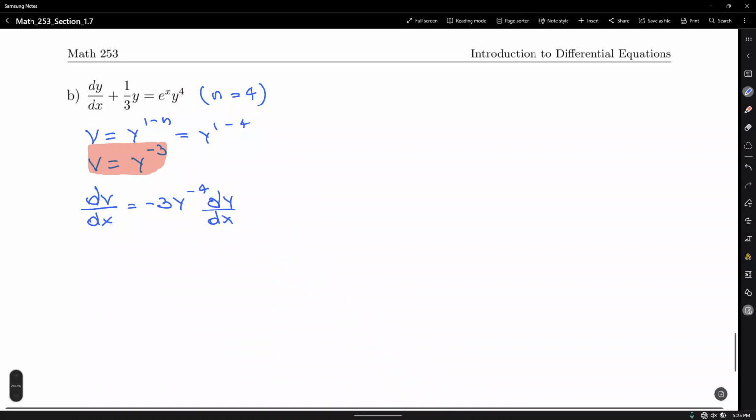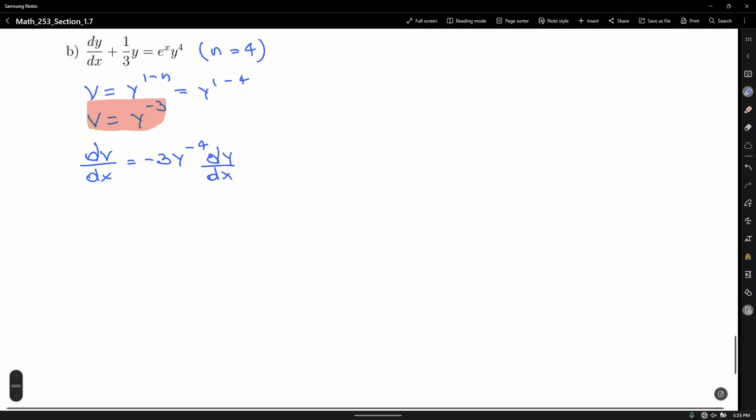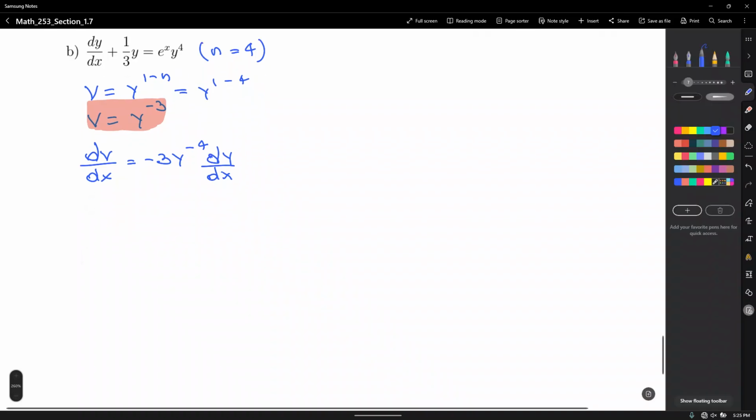If you get a different number, double check your derivative and your work, because it's a good way to assess your work so far. Now solving for dy dx, I'm going to multiply both sides by y to the 4th over negative 3.